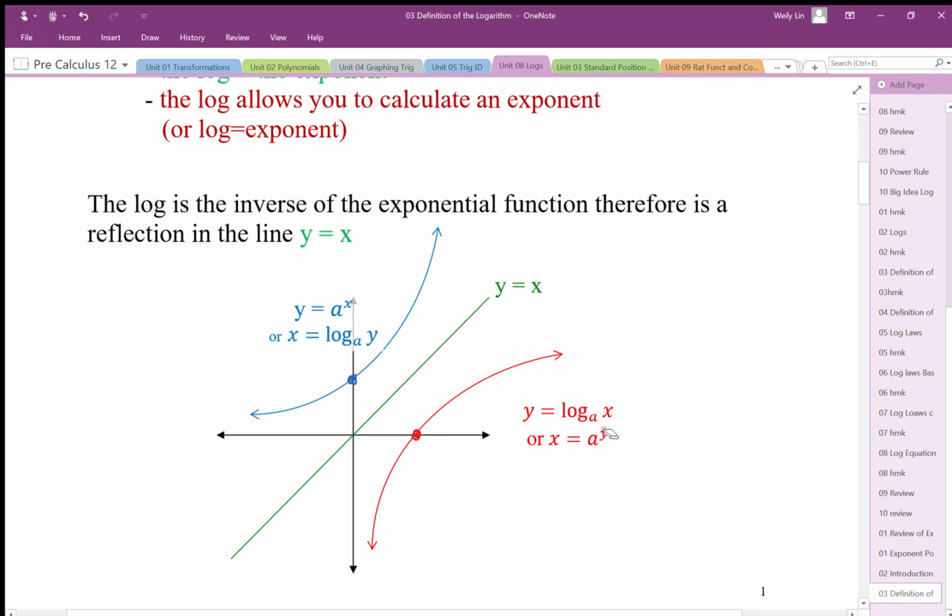So we want my output y, my input is x, and the base is always going to be a. So the log and exponential functions are just inverses of each other. If we want to do an inverse operation, we need to apply the log, and that gives us this inverse, this mirror image across the line y equals x.